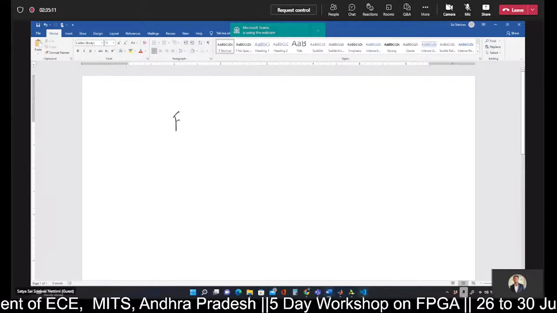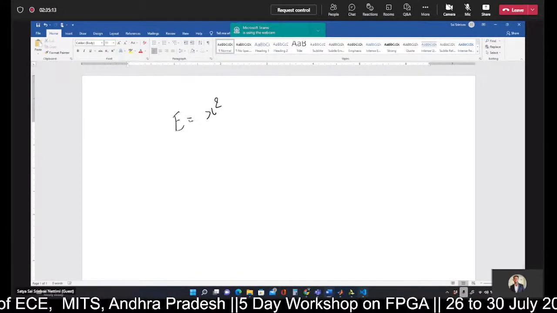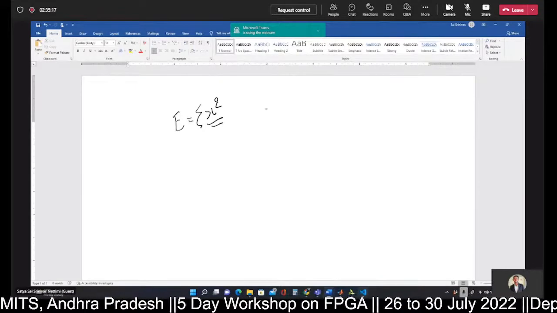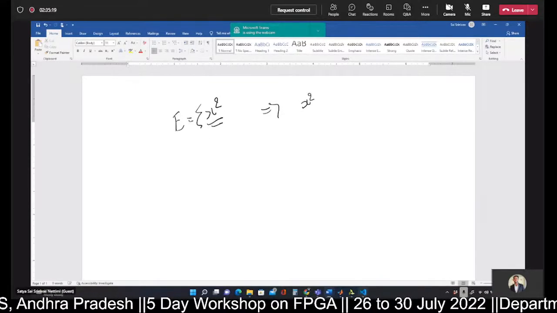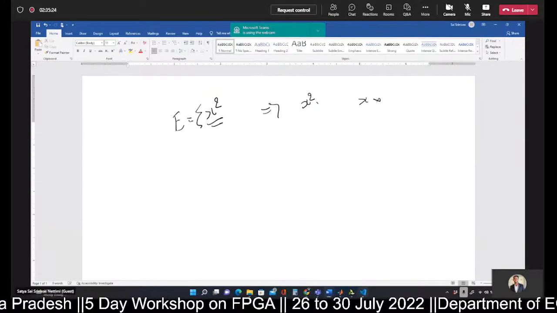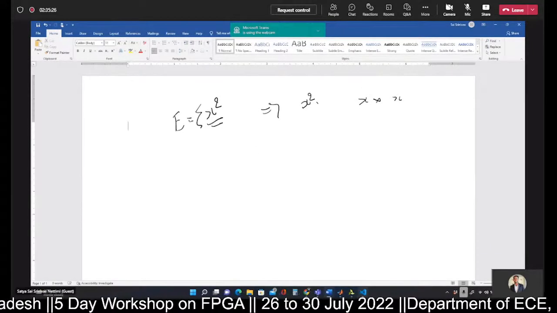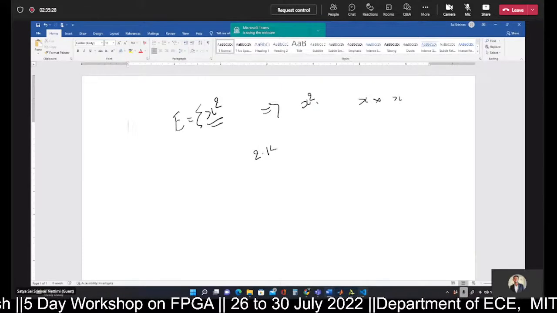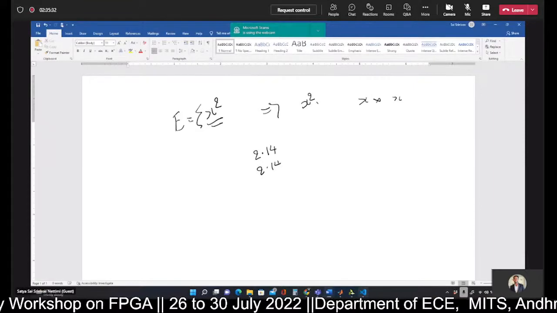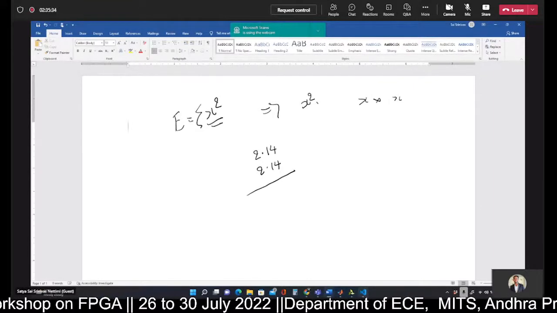So since we are calculating energy, we are doing x square, right? Summation of x square. But first we consider x square. So x square is nothing but x into x. The first number is 2.14, 14 fractional bits and 2 integer bits. And the second number is also 2.14.